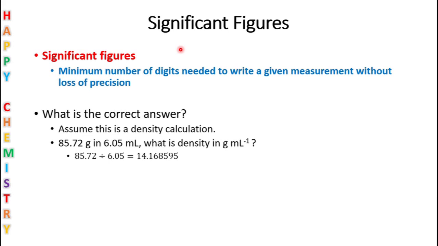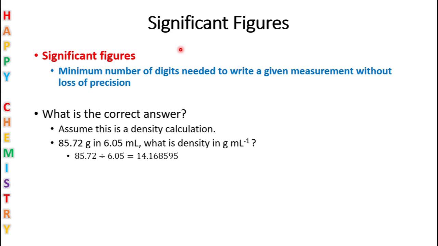When we perform the calculation using a calculator, we will get an answer with many decimal points. For this division, we will get 14.168595 and decimal places even beyond that if I did not stop writing them.